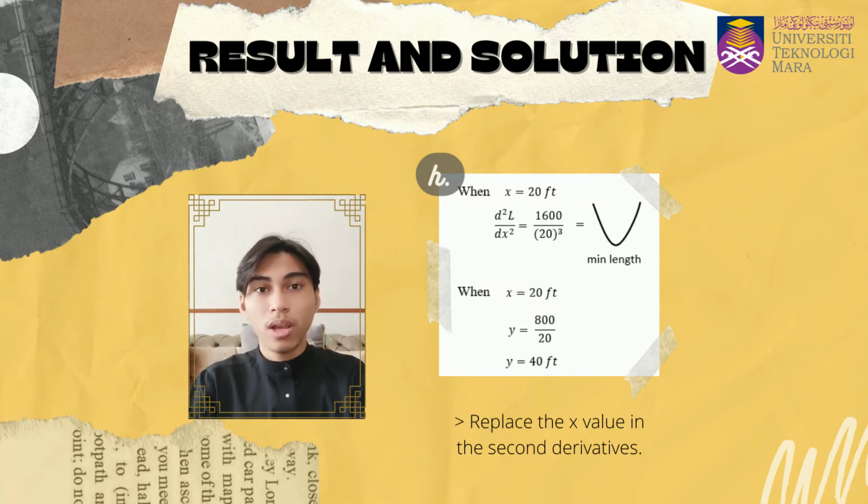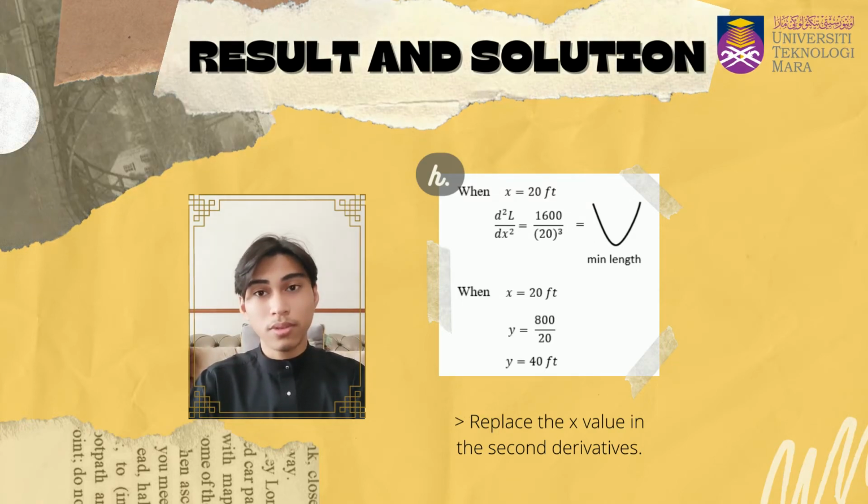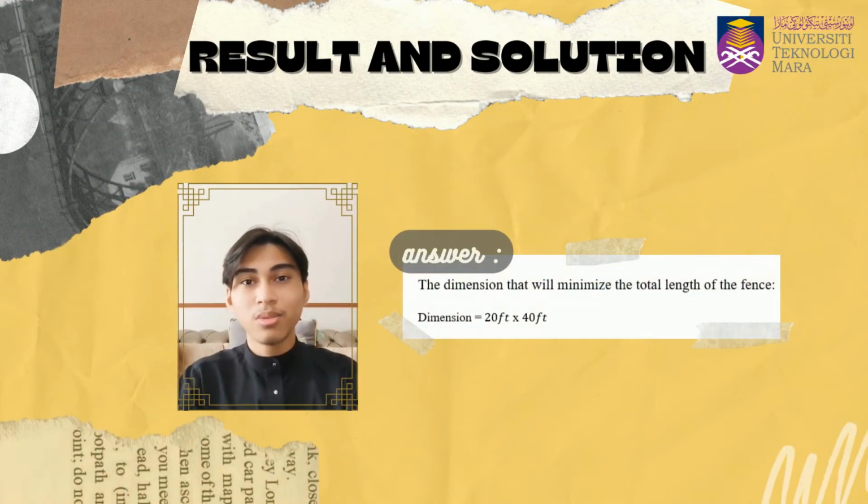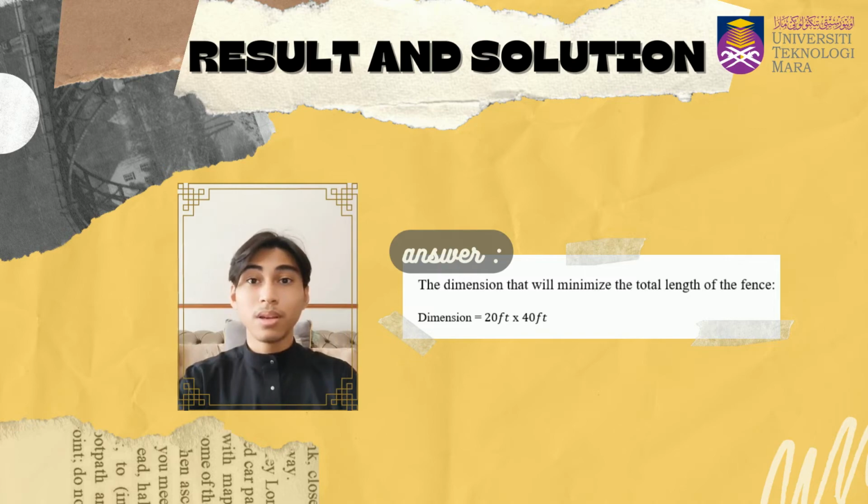Then we will get y equal to 40 feet. Lastly, we will achieve the dimension that will minimize the length of fence used, which is 20 feet times 40 feet. Now, we have achieved our answer. So, without further ado, I will pass it on to the next person.